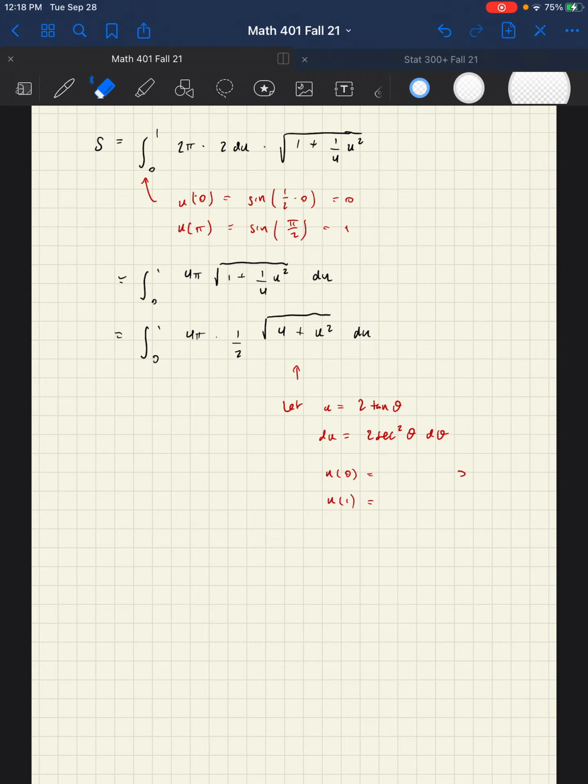And then u of 0 is 2 tangent of 0, which is 0. And u of 1, we're performing the opposite operation, so it should be tan inverse of 1/2.